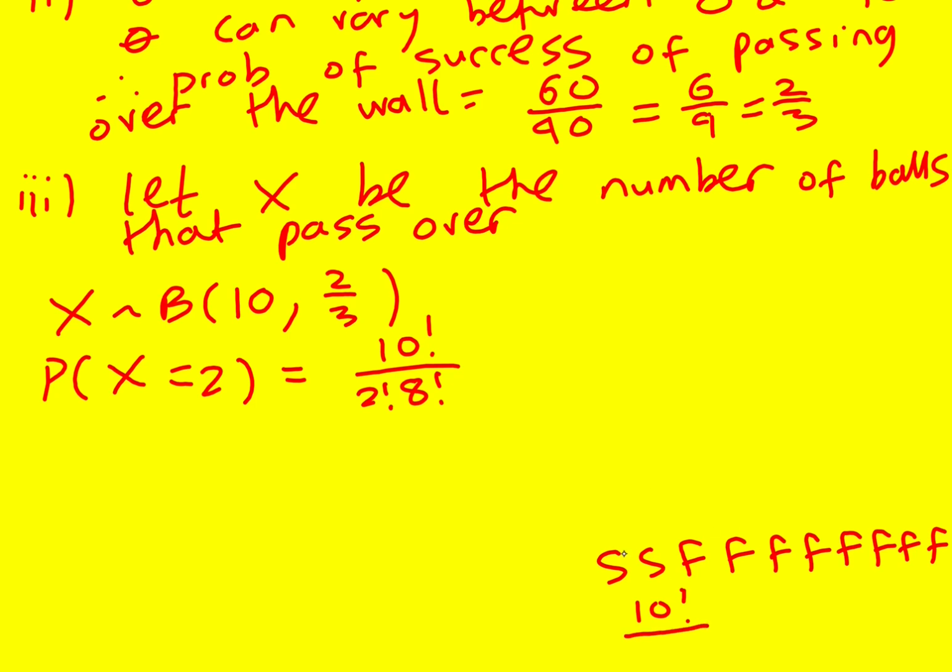But in this case, where some of them are repeated, I could swap the two s's around, for example, and I'd get the same arrangement. So I've double counted, I need to divide by 2, or we could write it as 2 factorial. And then I could also swap all the f's around. So I need to divide by 8 factorial for all the different ways that they could be arranged. Okay, and then for one particular set of 2 successes and 8 failures, it's going to be 2/3 to the power of 2. Along my tree diagram, success followed by success, followed by 1/3 to the power of 8.